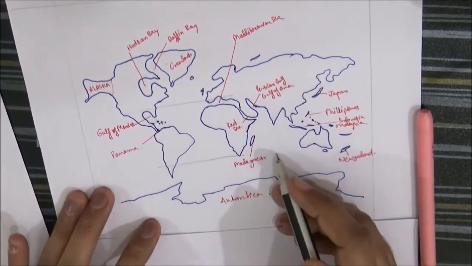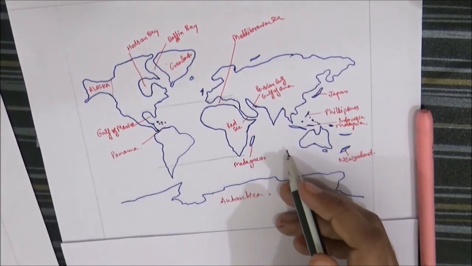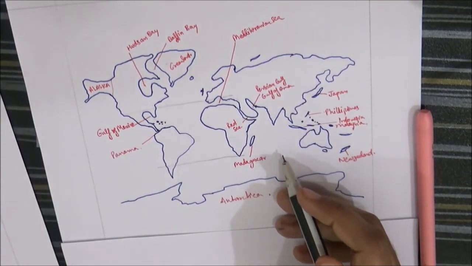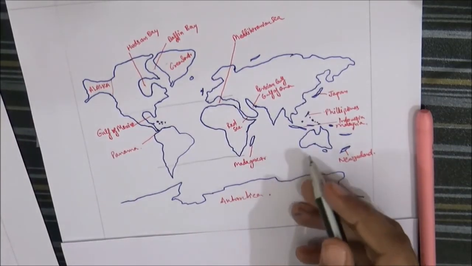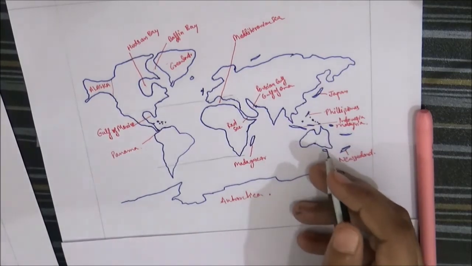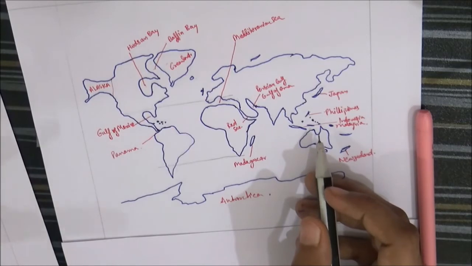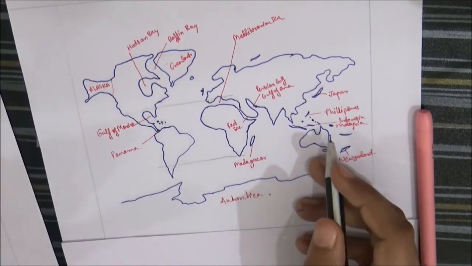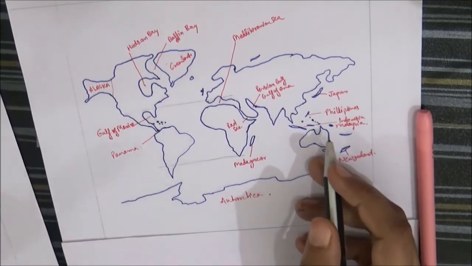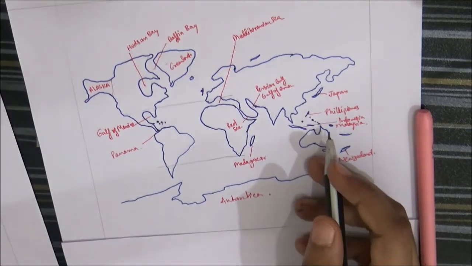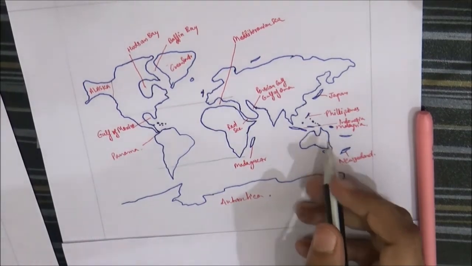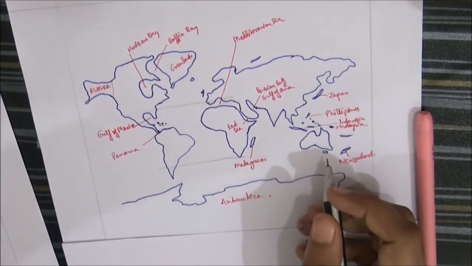You can locate things over here, resources, plates, the different types of vegetation, rainforest, or the important trade routes. It is also important for international relations or current affairs, so we can use it in a number of ways.